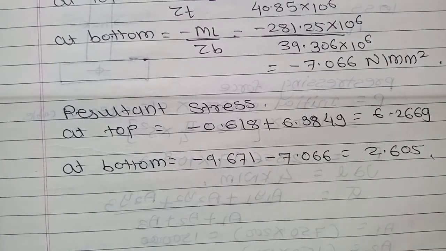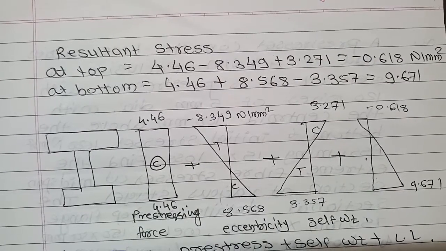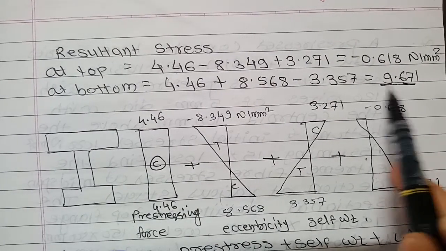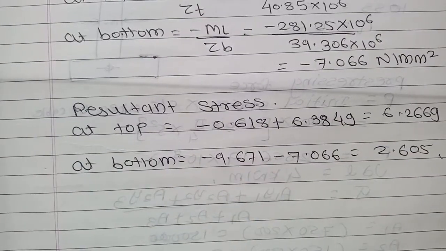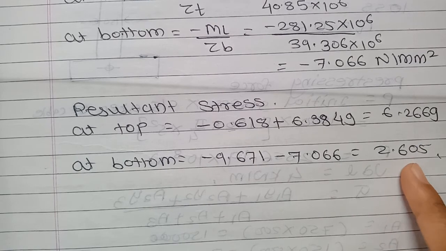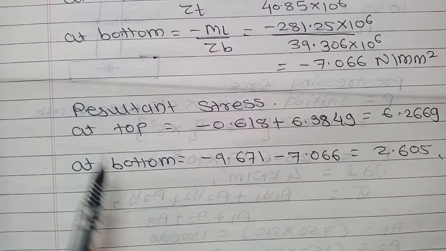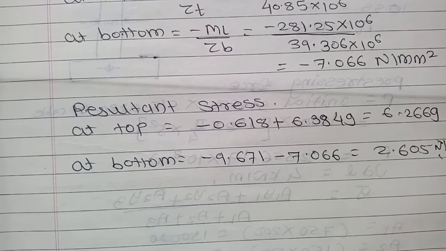Hence this is the resultant stress at top for case 2. Now resultant stress at bottom for case 2, that is first resultant stress we calculated, 9.671. Add the stress due to live load, that is minus 7.066 Newton per mm square. If we add this, we got 2.605. It is the resultant stress at bottom in Newton per mm square.